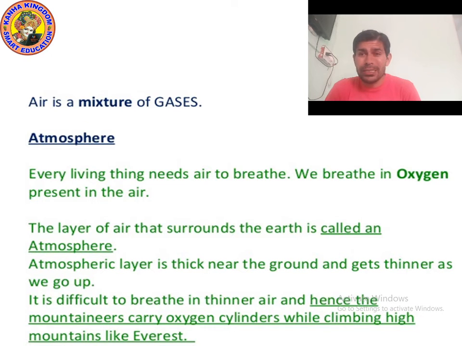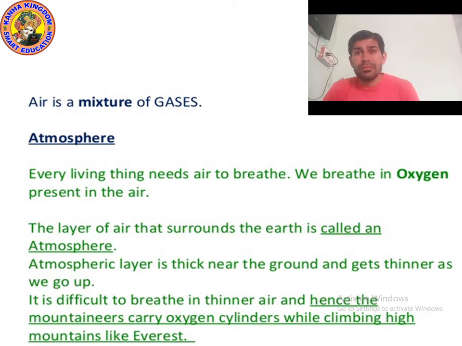You might have seen a mountaineer, and the picture is also given in your book. I'm not showing the picture of mountaineers here, but you can check it in your book. So mountaineers carry an oxygen cylinder which is just at their back, while climbing a high mountain like Everest.